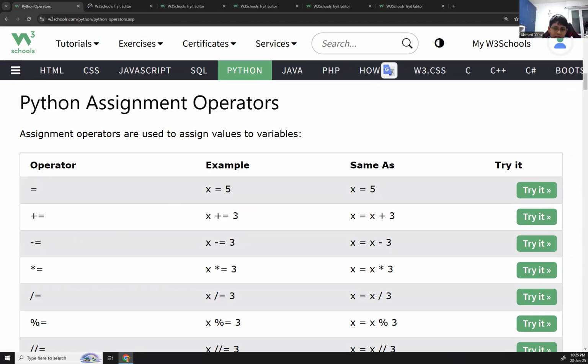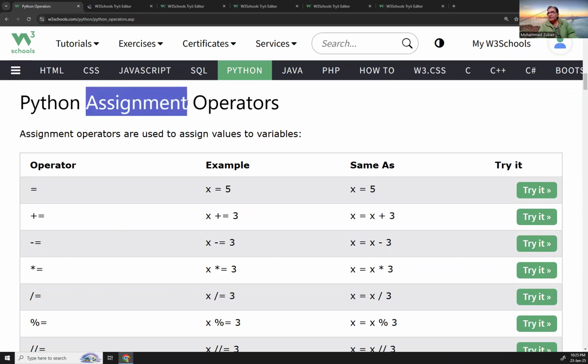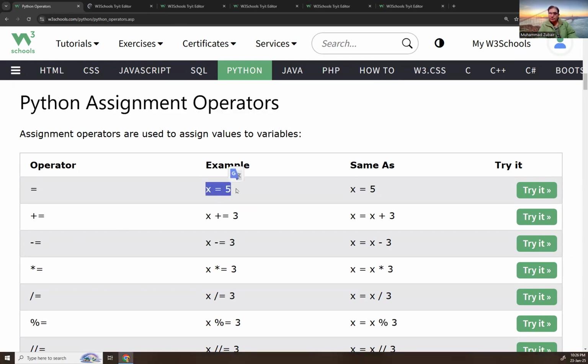Okay, then there are Python assignment operators. For example, we have used this: x is a variable and its value is 5.